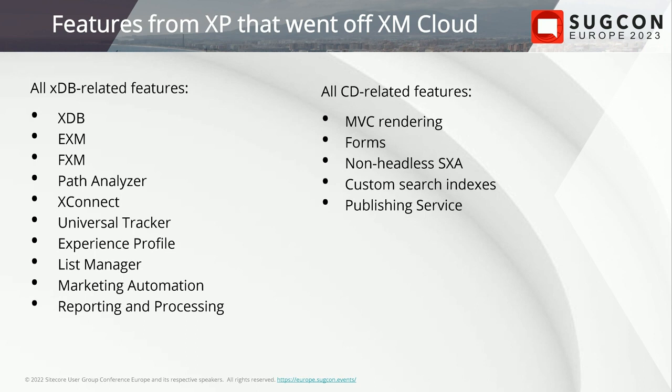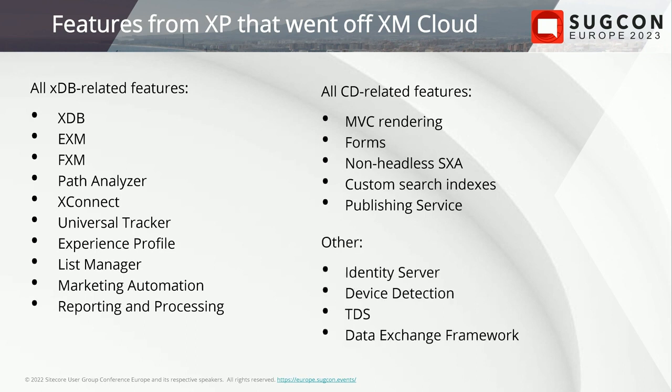MVC renderings, forms, non-headless SXA, custom search indexes, publishing service. There are other bits which we also don't find with XM Cloud, like identity server, device detection, TDS, and data exchange framework. All of them will not find their place in a new composable world.